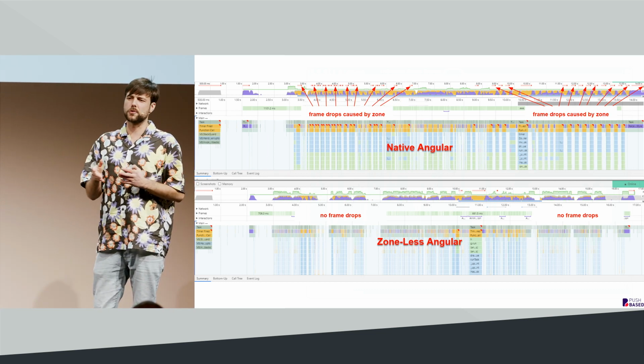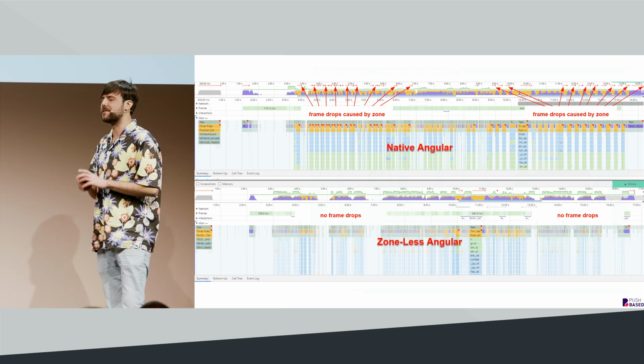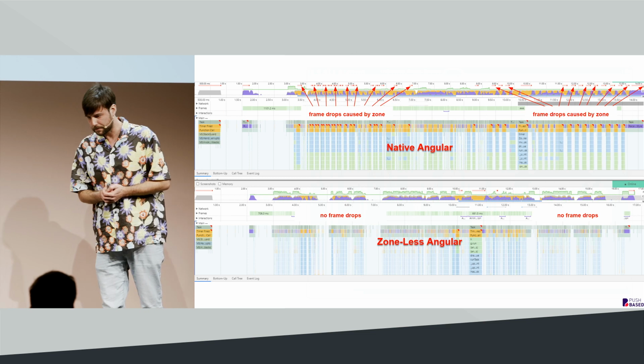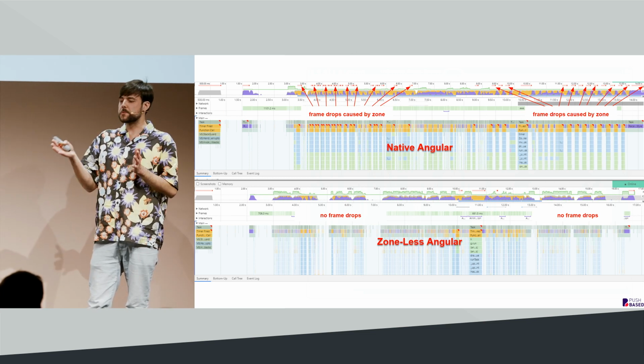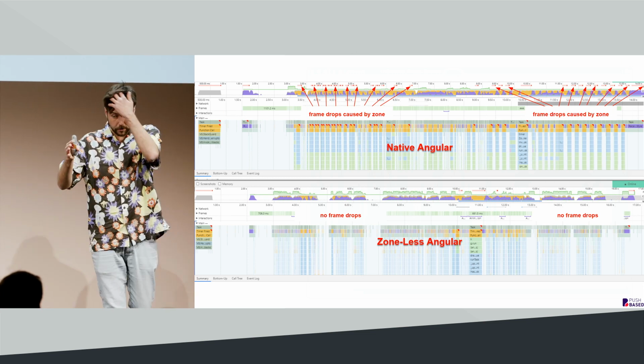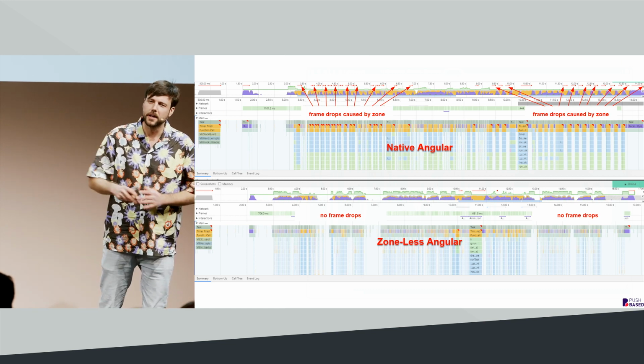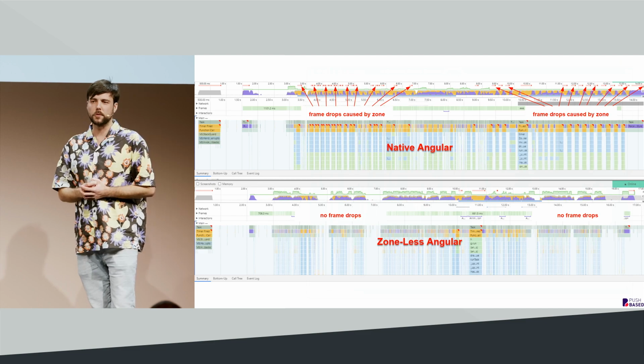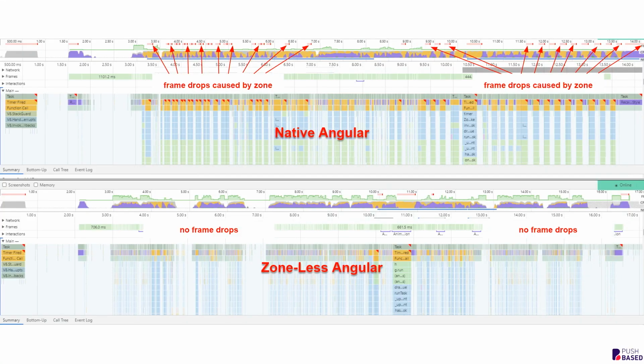The user interface was constantly frozen, and it was very hard to give the user a good experience. We removed zone for that specific view, and if you look at the bottom chart, you will see there is nearly not a single frame drop, not a single blocking task, and this is only possible because we don't rely on zone and on this top-down rendering.